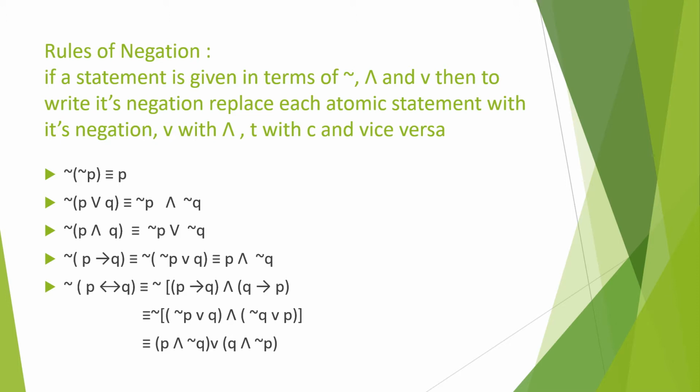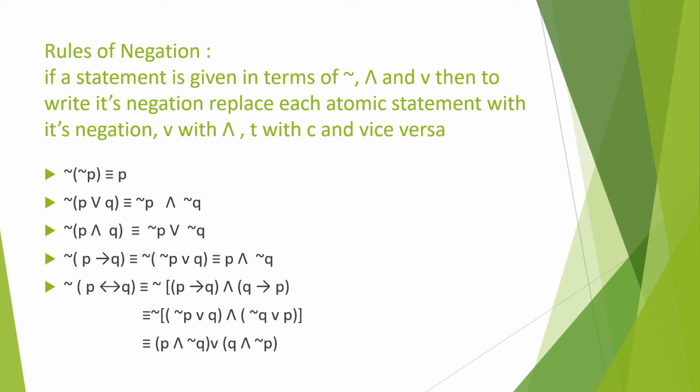But for this, the given statement pattern should be in terms of negation, conjunction and disjunction. Okay, I repeat, to write negation of a statement pattern which is in terms of negation, conjunction and disjunction, replace each atomic statement by its negation, interchange conjunction and disjunction, and interchange tautology and contradiction.